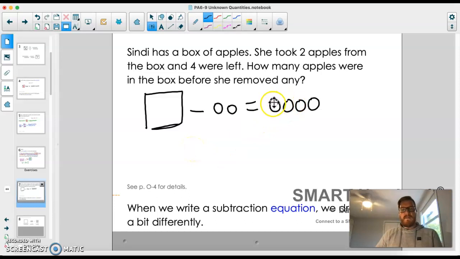We would need to have these 4 in there originally, 1, 2, 3, 4, and then these 2 get taken out. So my original number here would end up being 6, right? Because 6 minus 2 is 4. And again, we want the left side to equal the right side, but that's kind of how we write subtraction equations.